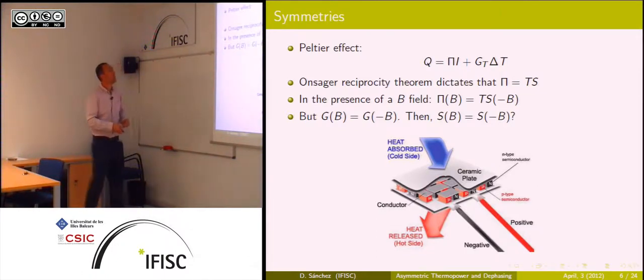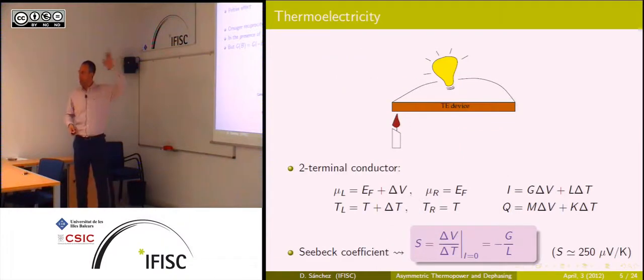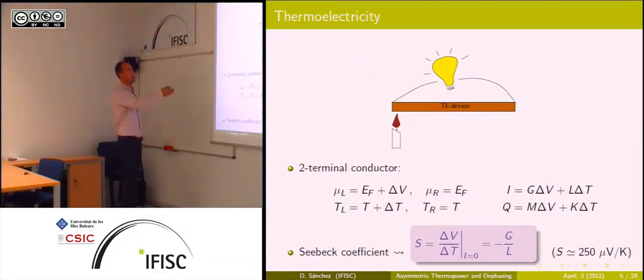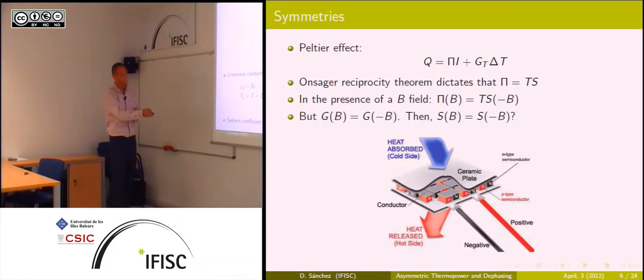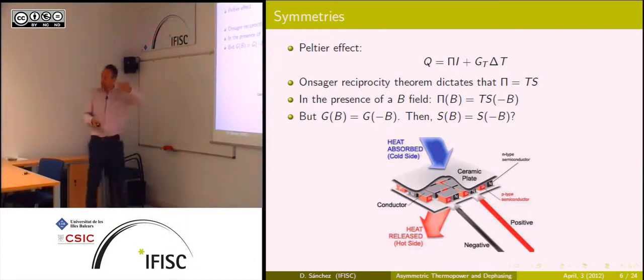Okay? And we know since Kelvin and Onsager that these coefficients L and M are related to each other, and then the voltage generation due to temperature change, which is described by the Seebeck coefficient, is related to this big pi, which is itself related to the Peltier effect. Okay, why Peltier?